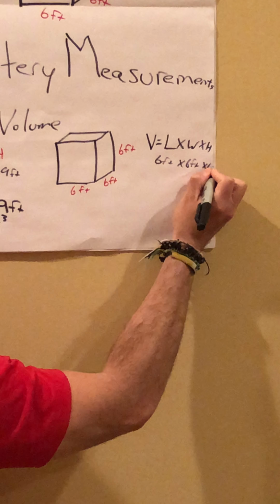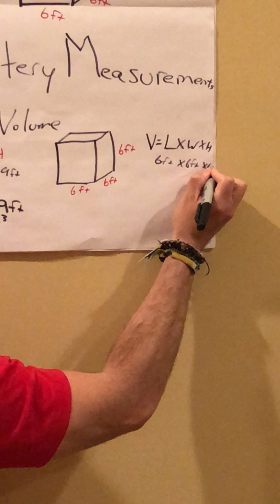I don't know that off the top of my head, so I'm going to step out and do a multiplication problem. 36 times 6. 6 times 6 is 36, carry 3. 6 times 3 is 18, plus 3 makes 21. So we have found the volume of the cube, which is 216 cubic feet.